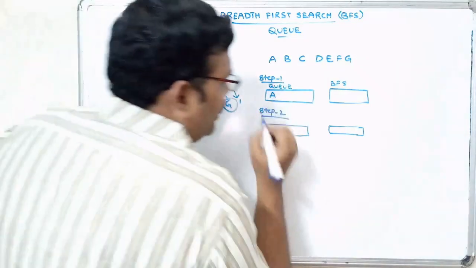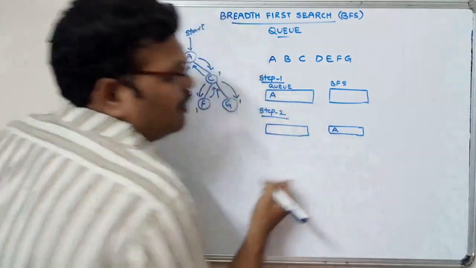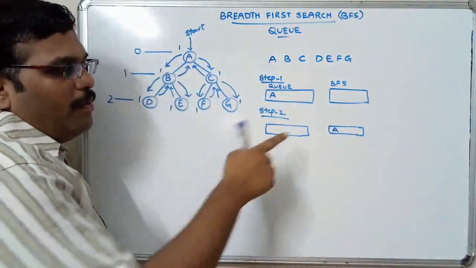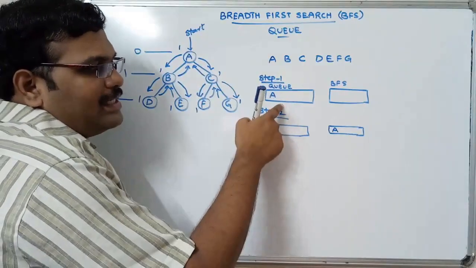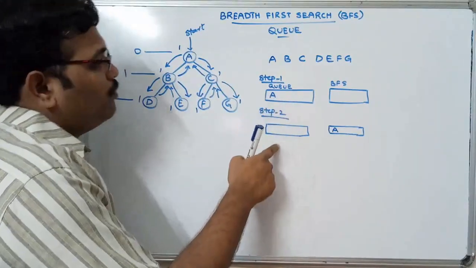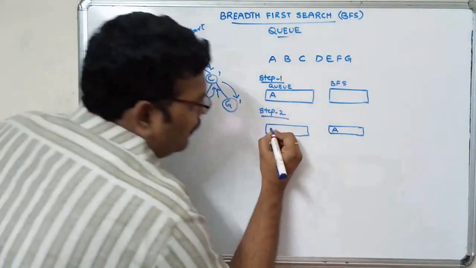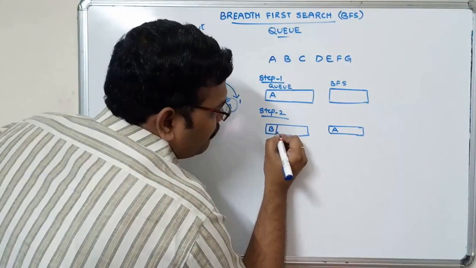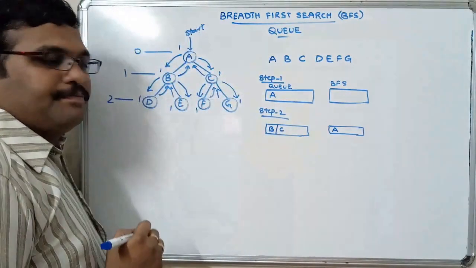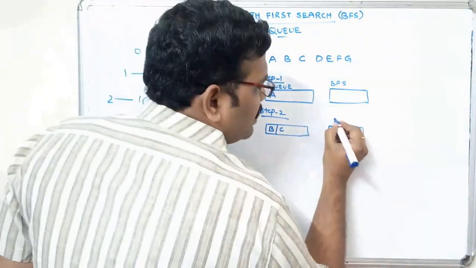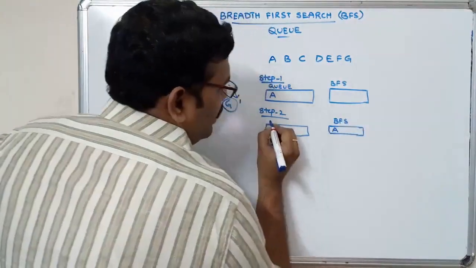So A is removed and placed in BFS. Now insert all the adjacent nodes of A in the queue. What are the adjacent nodes of A? B and C. So this is the BFS and this is the queue.